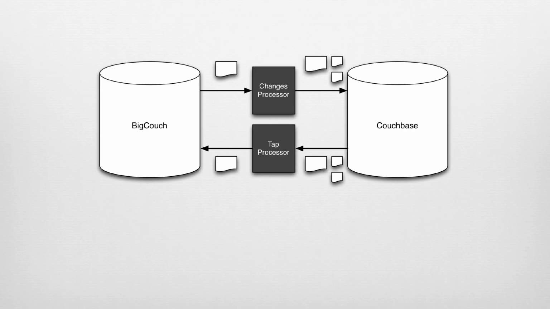Big Couch comes with, like CouchDB, a change feed. So you get a stream of everything in the database and every further change. So we had a small component that was taking all those changes, and as they were moved to Couchbase, introduced the secondary index.